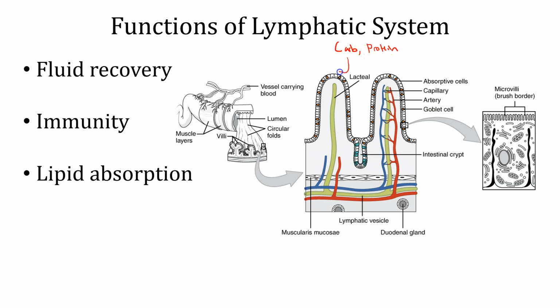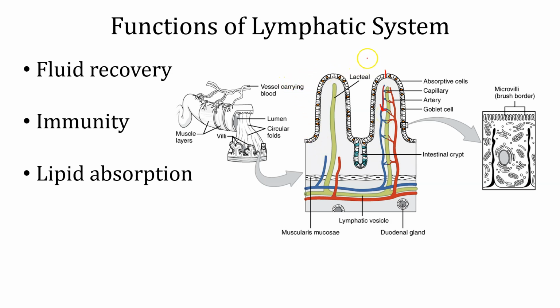And then the last thing that they do is they get absorbed by the epithelial cells, and the epithelial cells will actually export them into the basal side of the epithelium, where they can then be absorbed by capillaries that are waiting right underneath. So most of the nutrients that you obtain through your food make their way through the epithelium and then into the capillary beds of your digestive organs.